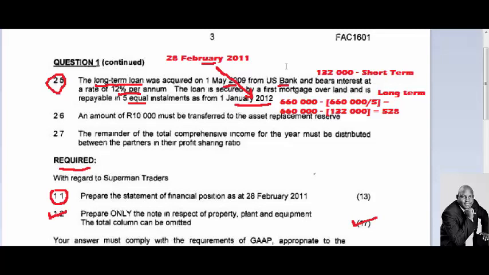Okay, so let's plug that into our layout under liabilities. We are sitting here with long-term liabilities, so we know that for the long term we're paying 528. It's very important that you always reference your work. There are many ways you can do this, but for the sake of making sense, I will do it here. So we know that it's 660 divided by 5, and that gives you 528, and that's your long-term loan.